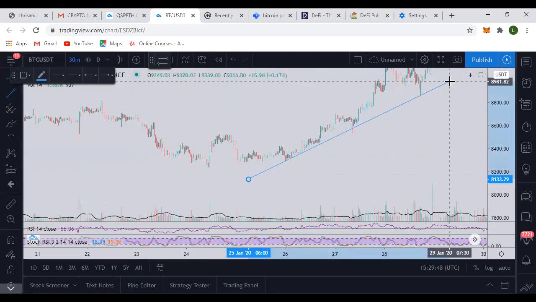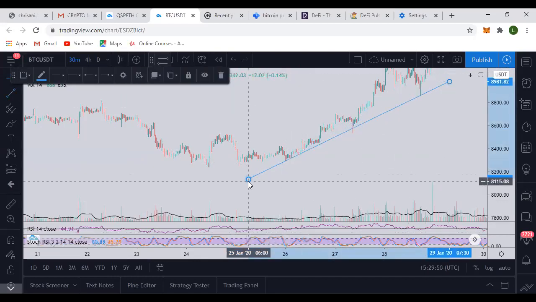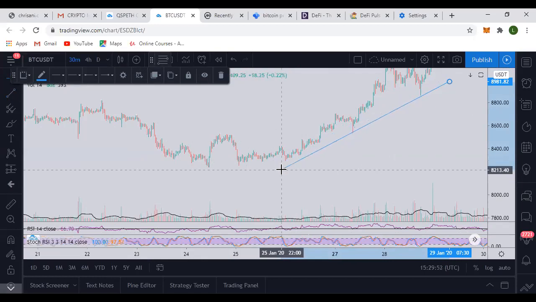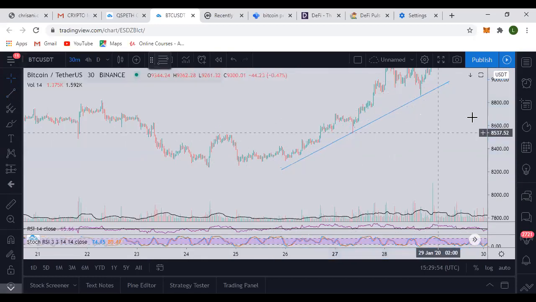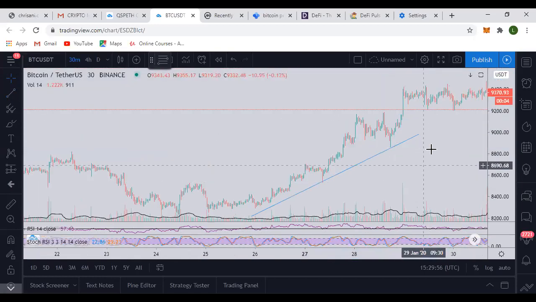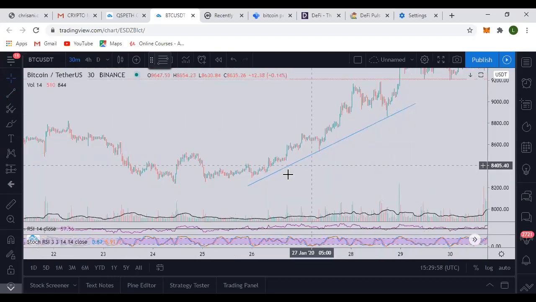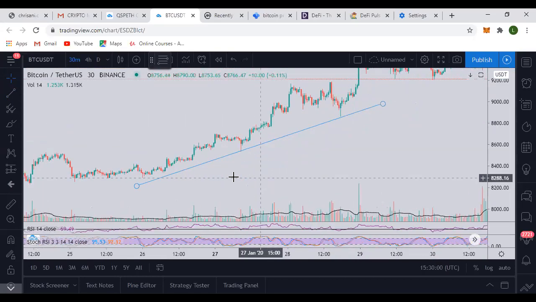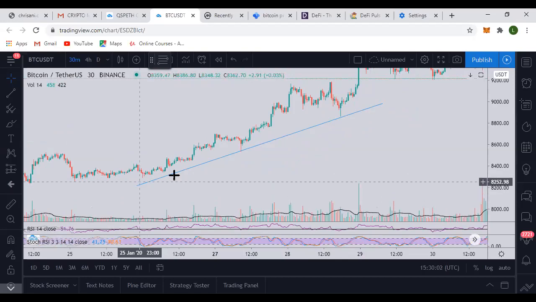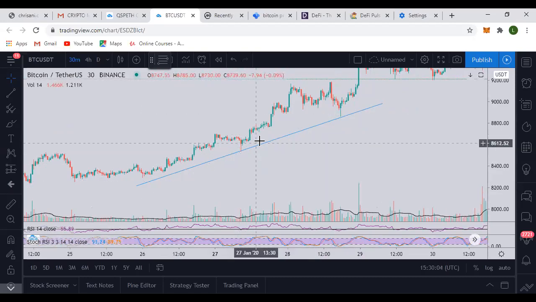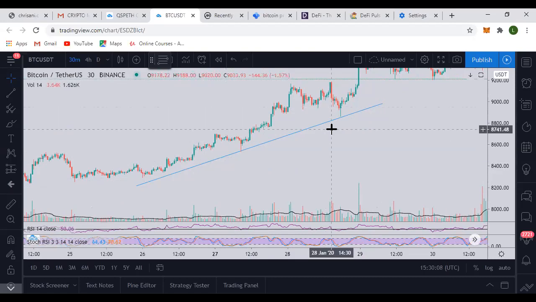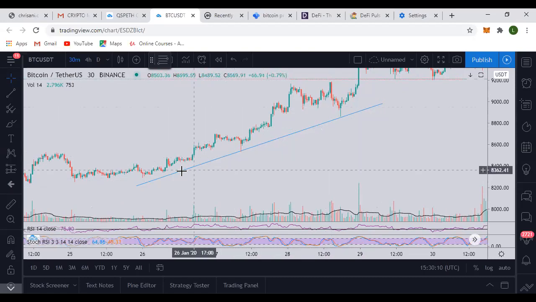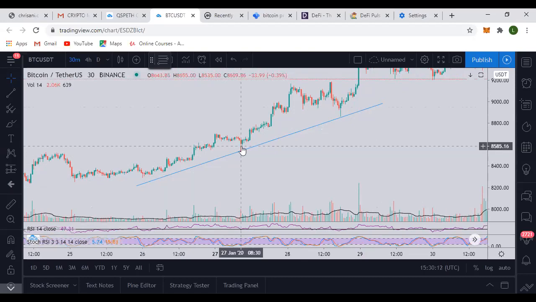So as the market was making higher highs and higher lows, it couldn't cross this. Whenever it comes down to this trend line support here, it bounces off and goes back higher. That's basically what support is.